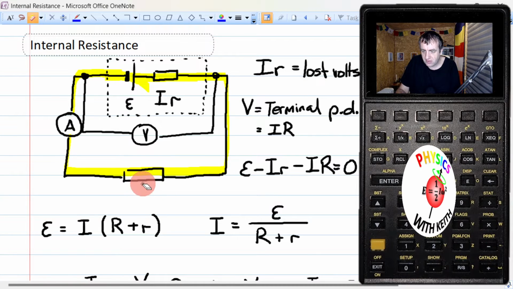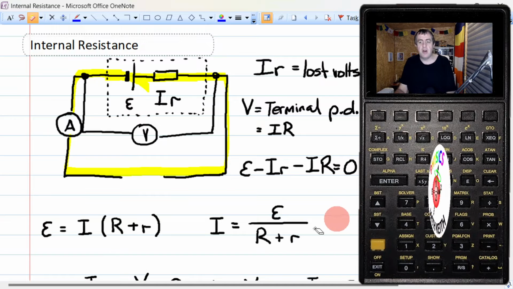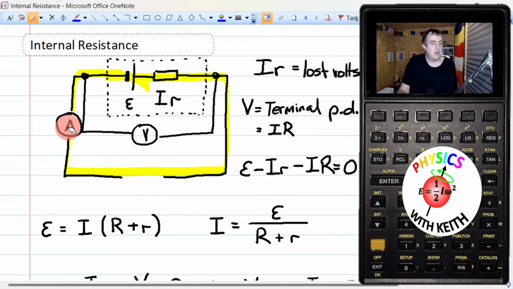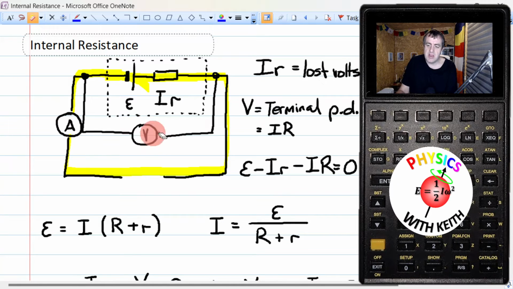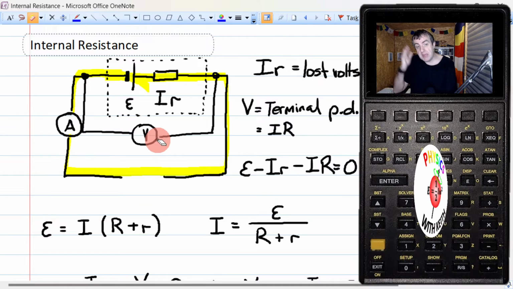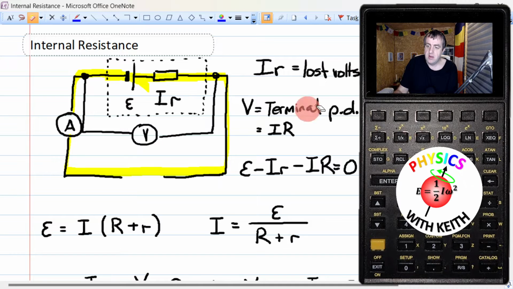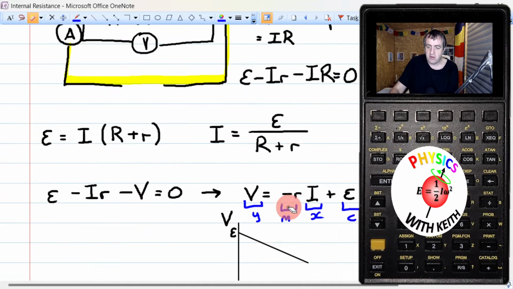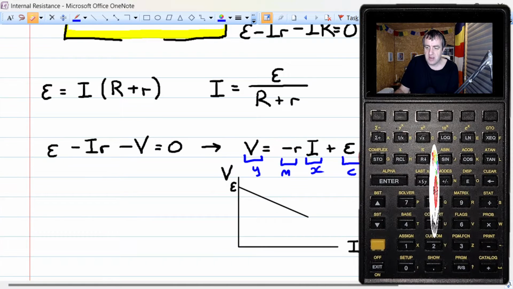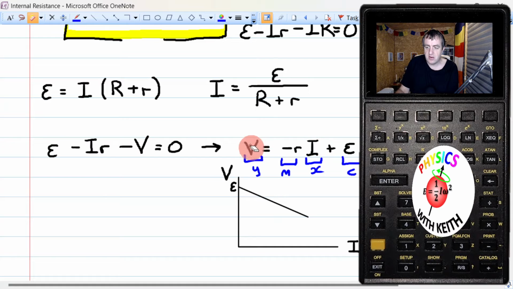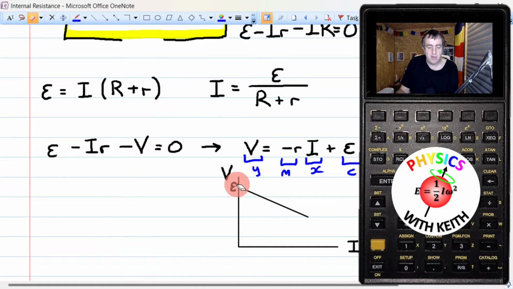There we go. As much as I've got a broken circuit like that, the current will be 0, and therefore what I measure here, my terminal PD, will be equal to my EMF because the current is 0. That's certainly what it looks like it should be according to this equation. If the current is 0, terminal PD will equal EMF.